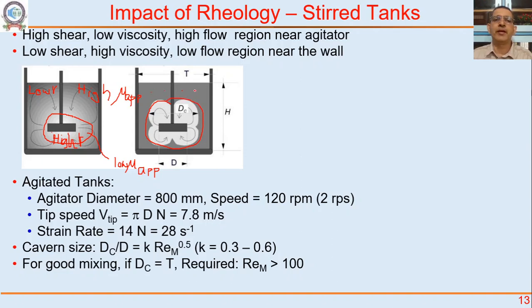Practically the outside region for all practical purposes is stagnant. It is behaving like a solid, hardly any velocity, because the viscosity is very high there. Whereas near the impeller, it has a low viscosity, it behaves like a nicely mixed liquid.